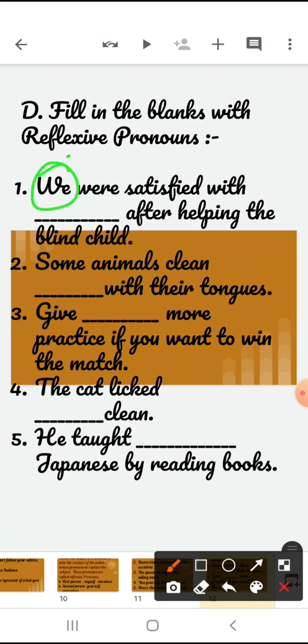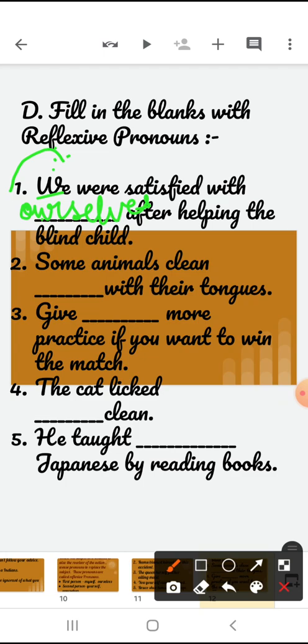We are satisfied with ourselves after helping the blind children. We is the subject and we have replaced it with the reflexive pronoun ourselves.